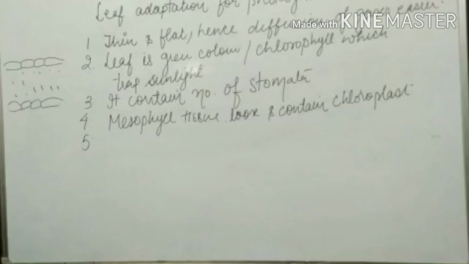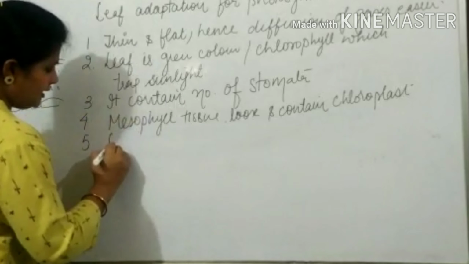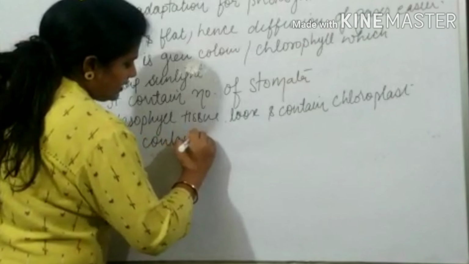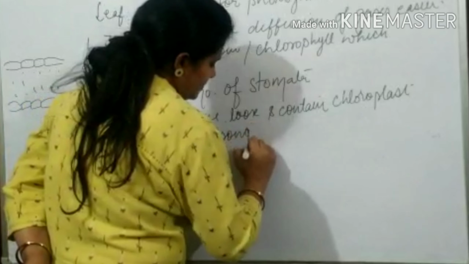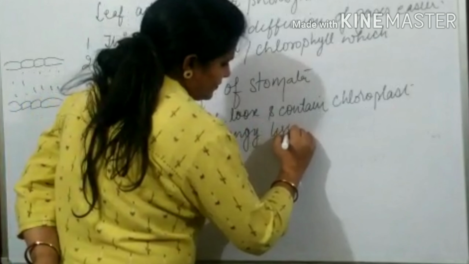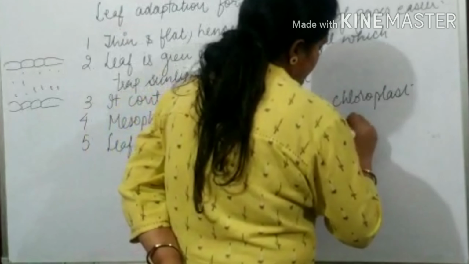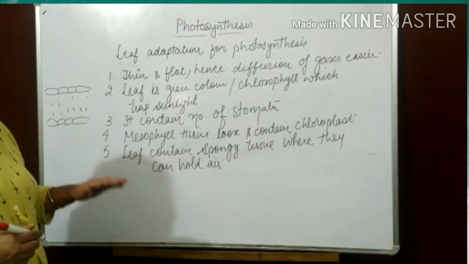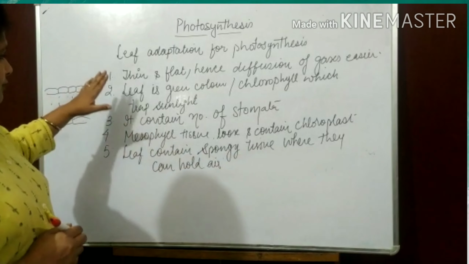And one more point is, yes, the leaf contains spongy tissue where they can hold air.